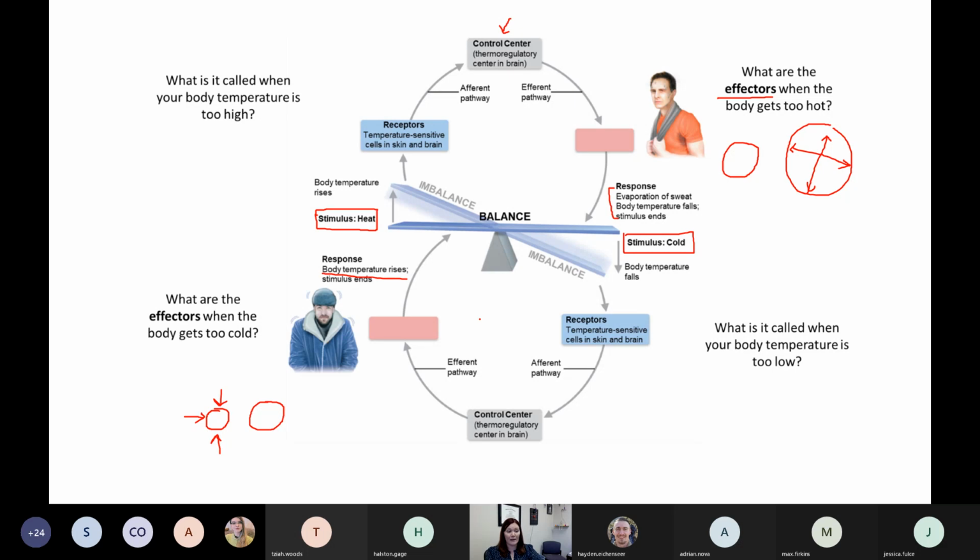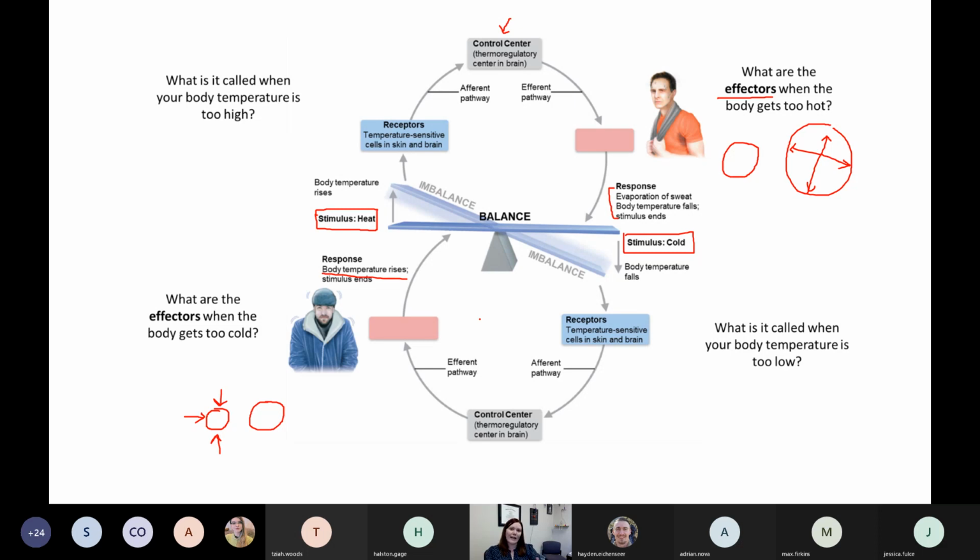So if I put a stimulant into my system, Dr. Alice will admit to this one, when I do my morning coffee, I get a little bit flushed. My face gets a little bit flushed because that caffeine is causing my blood vessels to dilate.